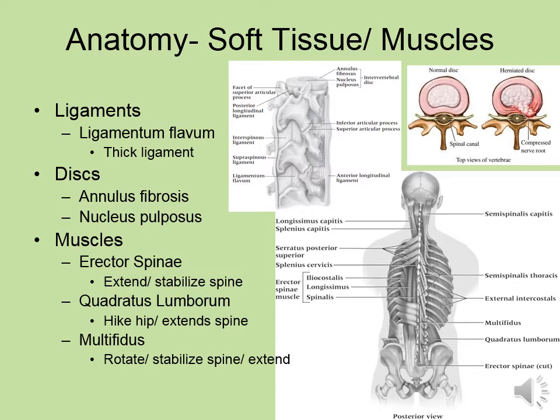So at least at the physical therapy clinic I work at, we spend an awful lot of time trying to get these multifidus muscles stronger. We do have multifidus muscles on each side of the vertebrae, so we have them on the right side and on the left side. Independently, they'll rotate, so if we are contracting the right side, we'll rotate that direction, and then together they can help extend, if we were contracting both sides at the same time. But a big part of their job is the stability of the spine.